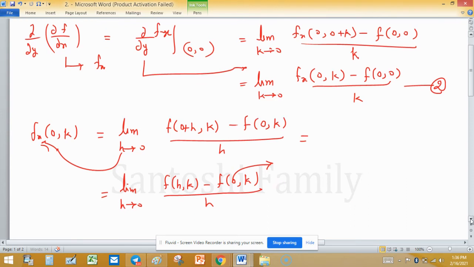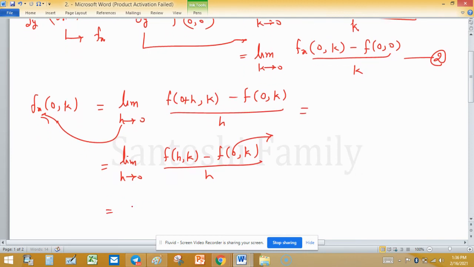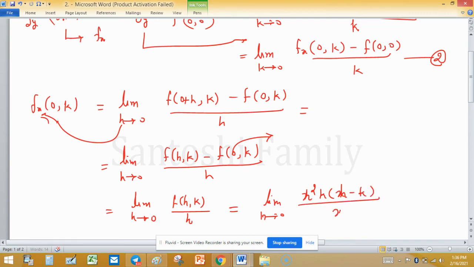So it can be written as the limit as h tends to 0 of [f(h,k) minus 0] divided by h, which equals the limit as h tends to 0 of h square k (h minus k) divided by h square plus k square, and this is divided by h.